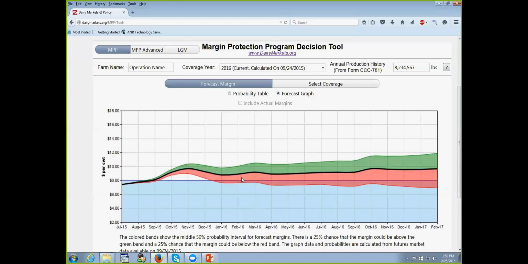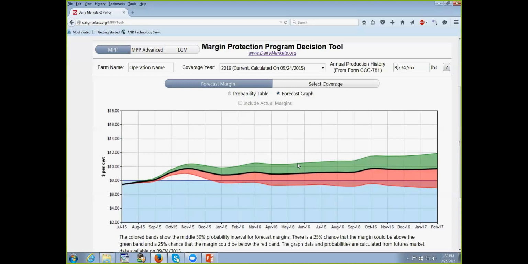Actually, a year ago, the average margin was $8.20. So last year was enough to pull that up by 35, 40 cents by itself because the margins were so high. But we're looking at margins that look kind of average for this next year. And this is always as of the most recent market information on the milk and the feed side.